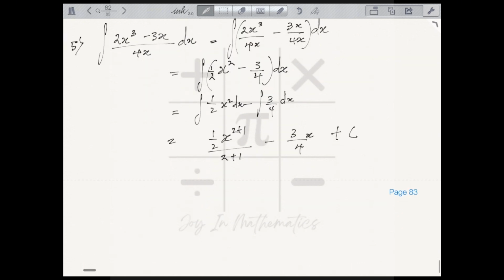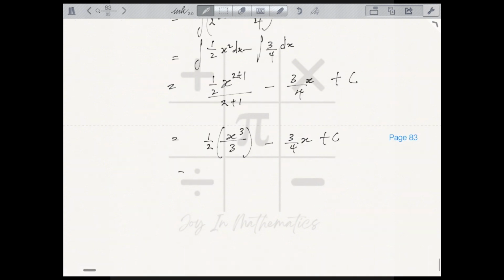Simplifying this further, we will have 1 over 2 into x raised to power 3 divided by 3 minus 3 over 4 x plus c, and this will give us x raised to power 3 over 6 minus 3 over 4 x plus c.